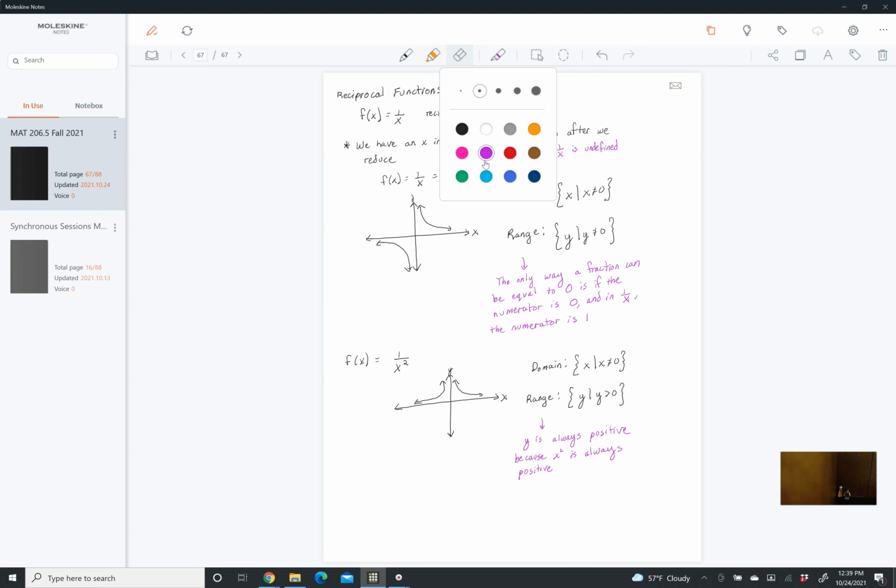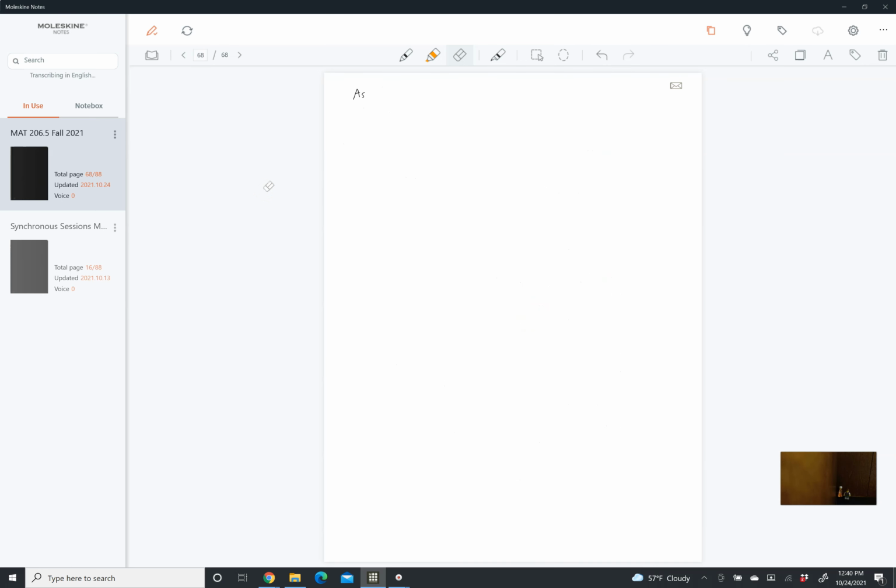So what helps us figure out what a reciprocal graph looks like is something called an asymptote. Every reciprocal graph has an asymptote. So what is an asymptote? An asymptote is a line that the curve approaches but never touches. So it's a line.